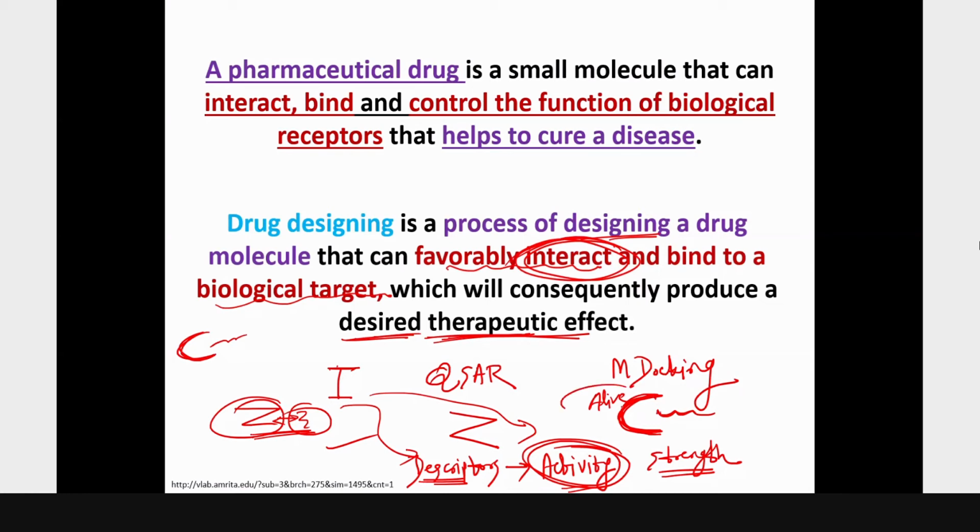The two things are being made actually alive, and only then are you coming up with the strength of the interaction. So compared to the earlier method, this is a more sophisticated method, where we are putting a soul within the dead bodies and then asking them to interact with each other.